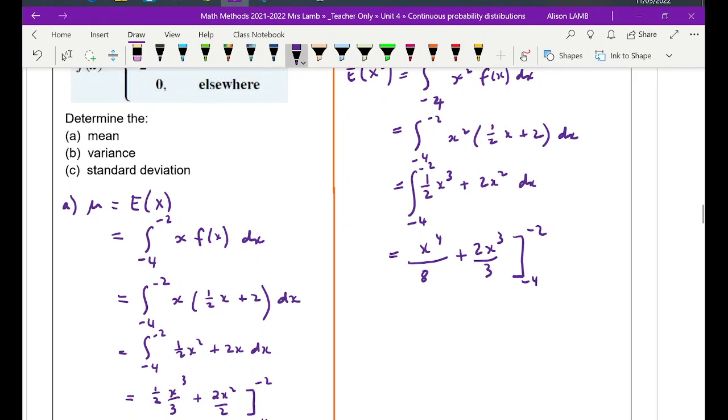Substituting in our numbers, putting in a negative 2. Negative 2 to the power of 4 is going to be 16. Plus 2 times negative 2 cubed is negative 8. So minus 16 over 3.